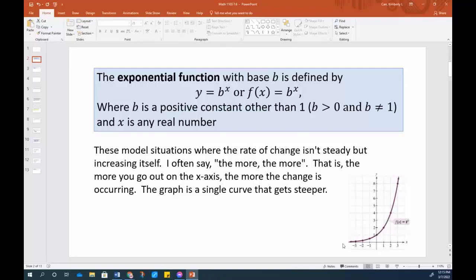You're going along and you don't get it, you don't get it, and then suddenly you do get it. And the more you get, the more you're able to understand after that. So the more you go, the more you start to increase. That's just saying that the more you go to the right, the more the change is happening. It's just one curve though, and it heads up.